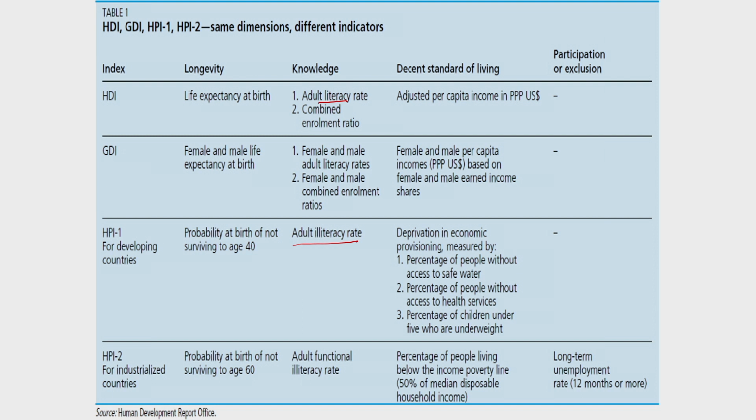Similarly, HPI2, which is computed for the industrialized countries, has a longevity indicator of probability at birth of not surviving to age 60, which is slightly higher for the industrialized countries. The knowledge indicator is adult functional illiteracy rate. Now, the term functional here is interesting. This basically means that it is trying to measure the education skills of people within a country who are able to write a simple statement about their everyday life with some understanding.